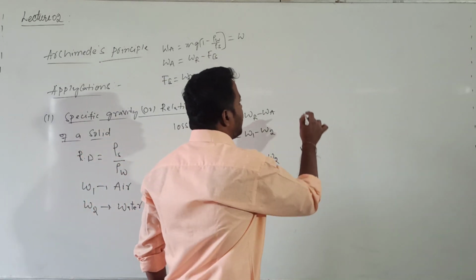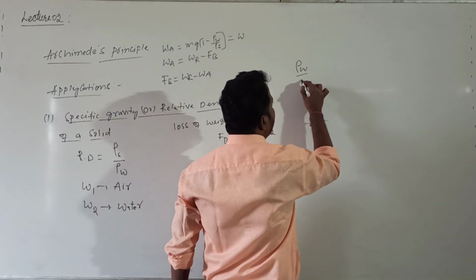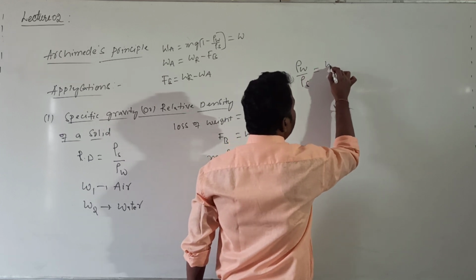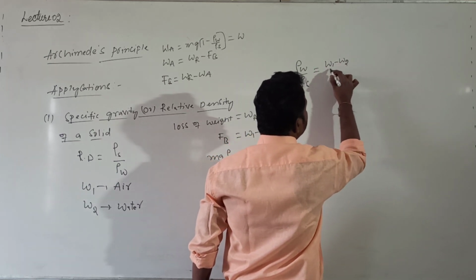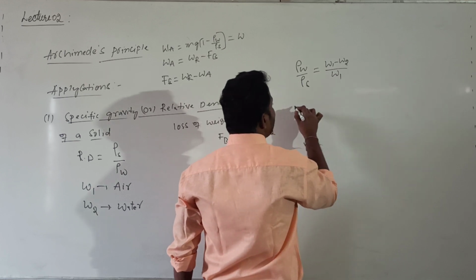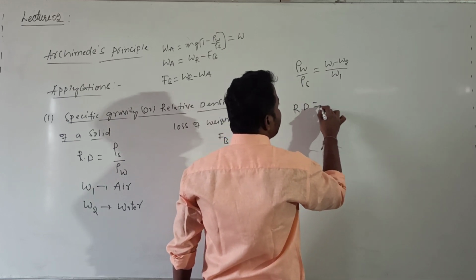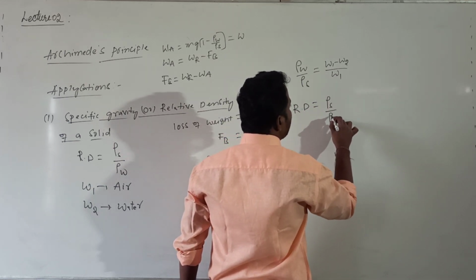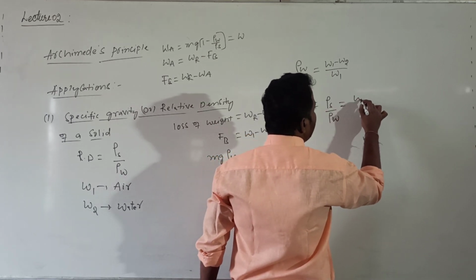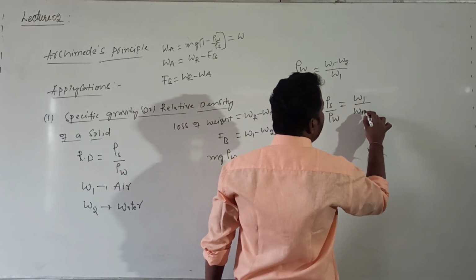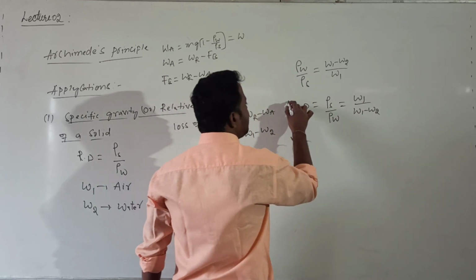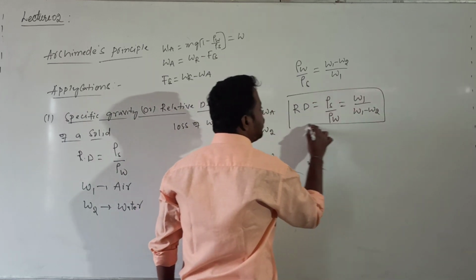From this, rho W by rho S is equal to W1 minus W2 divided by W1. But what is relative density? Relative density is rho S divided by rho W, which is given by W1 divided by W1 minus W2.